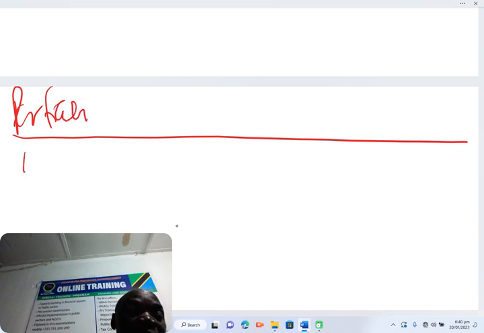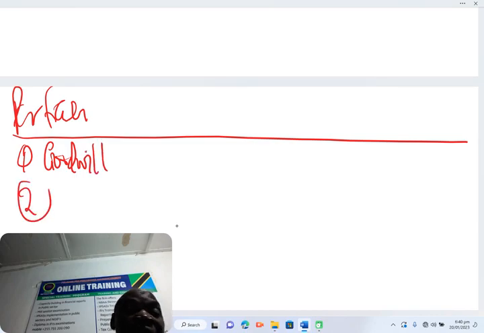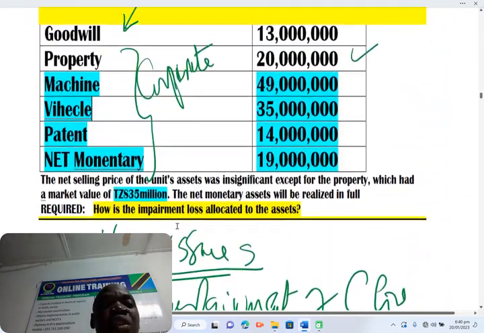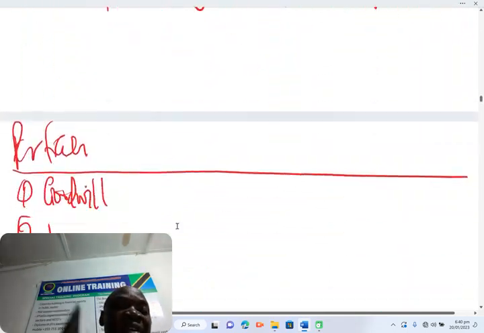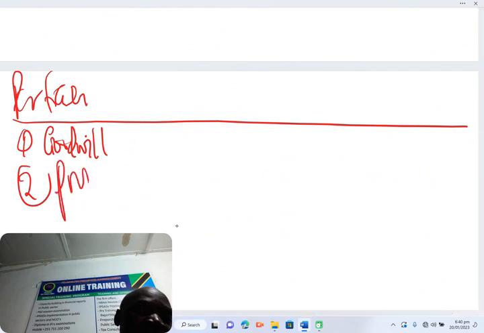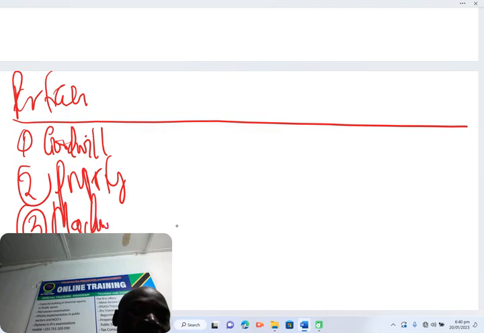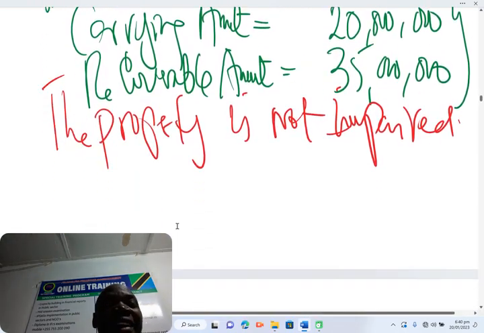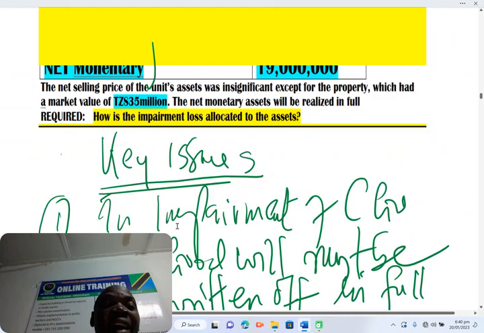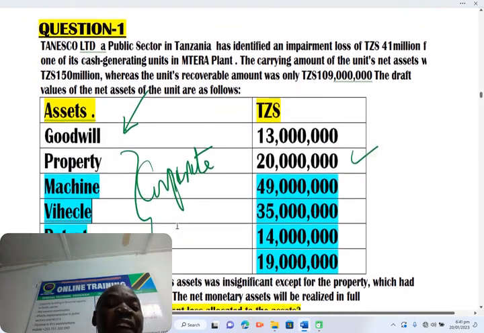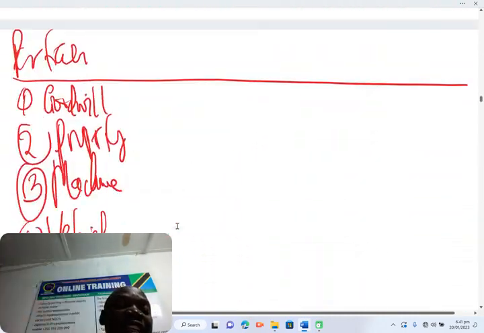Number 1, goodwill. Number 2, property. Number 3, machine. Number 4, vehicle. Number 5, a patent, and the rest is net monetary.